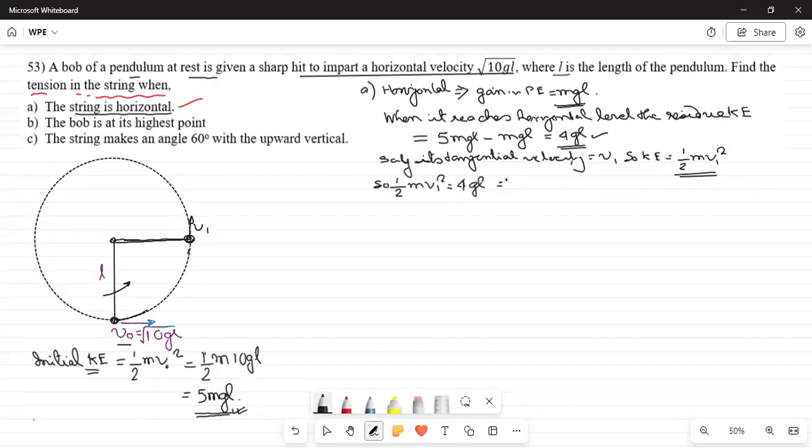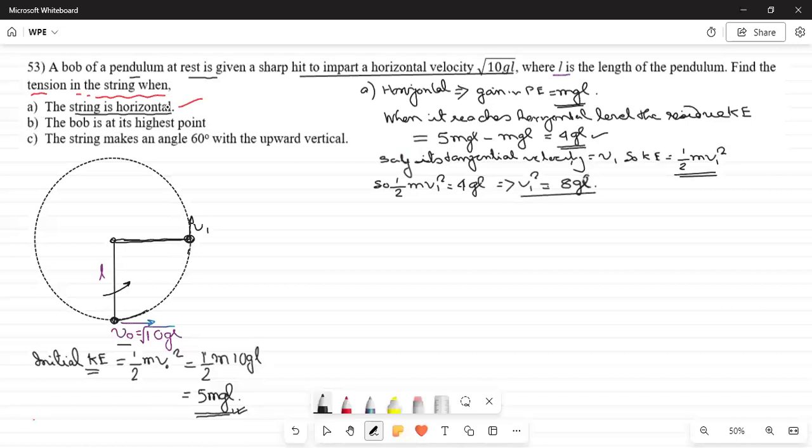From there, we get v1 square equal to 8 gL, since 2 multiplied by 4 is 8. So we have found v1 square is 8 gL.